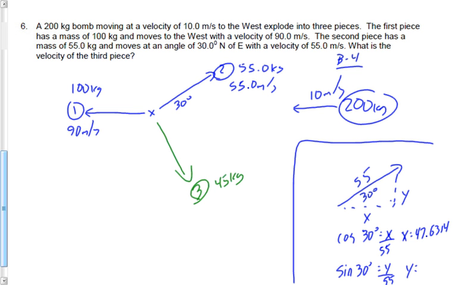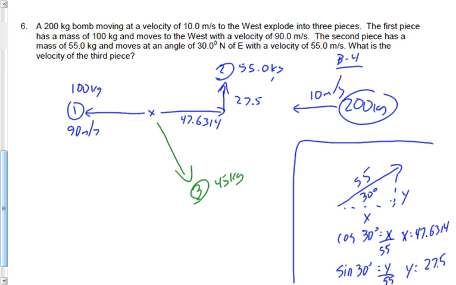The opposite over 55. Y is equal to 27.5. If we want to, we don't have to, but if we want to, we can replace this with this and this. We get a 47.6314 and a 27.5 there.